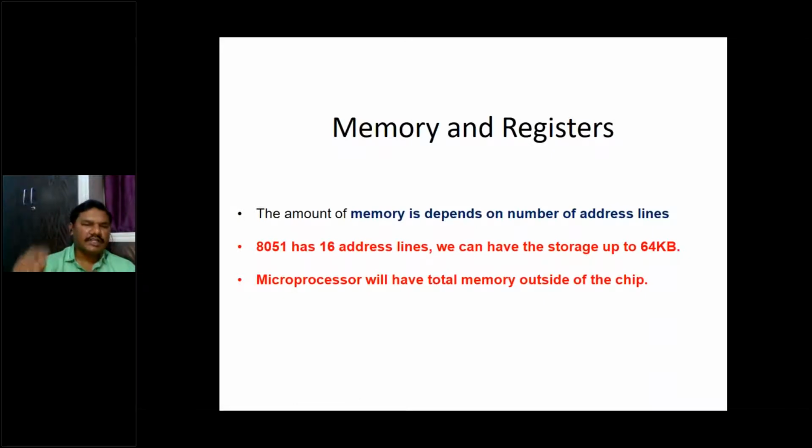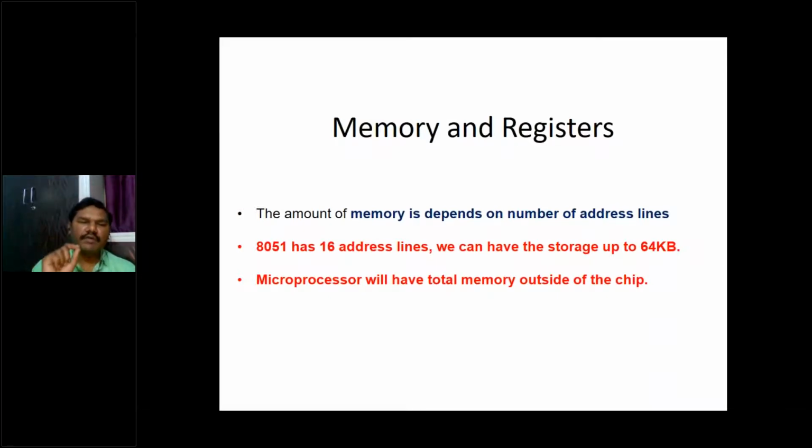The number of address lines gives the capacity of the memory. So the 8086 has 1 MB of memory because there are 20 address lines. 2 power 20 is equal to 1 MB.